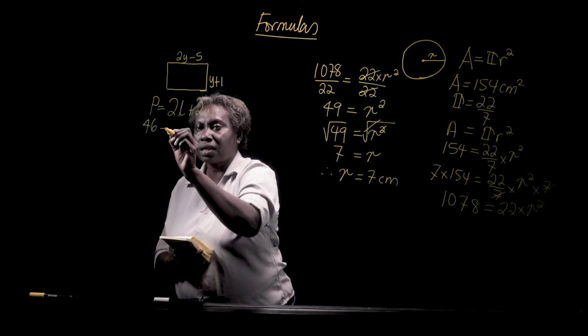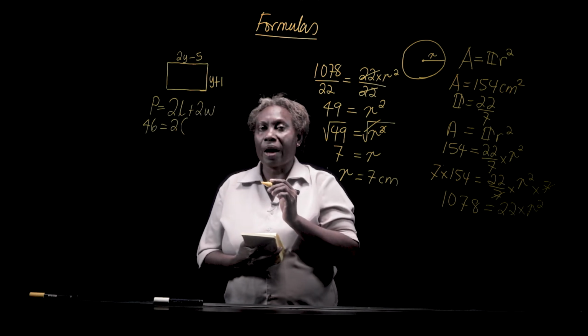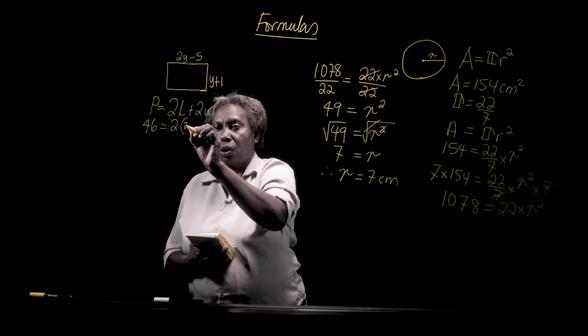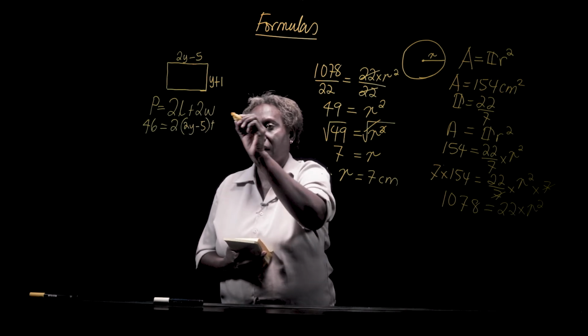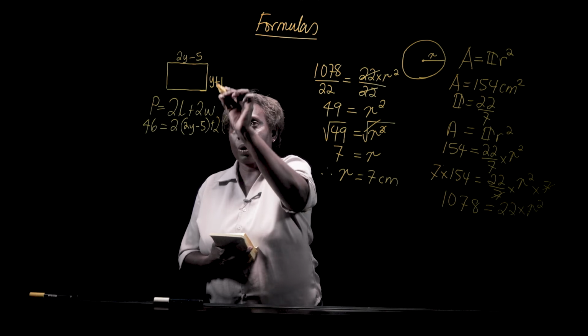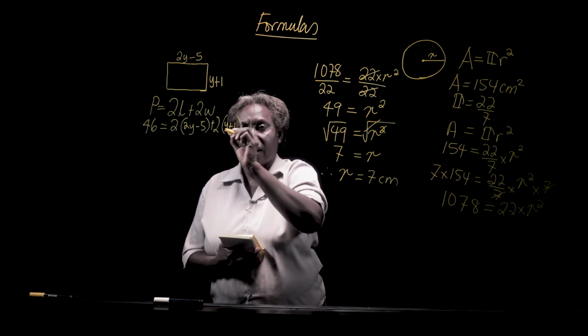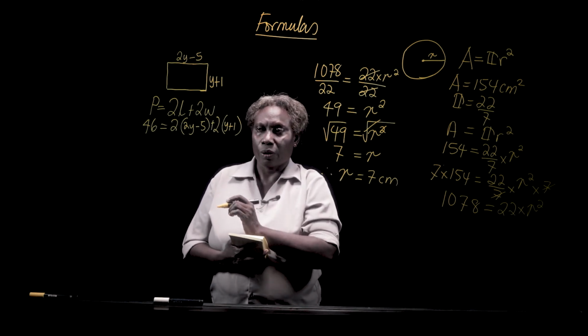So we have 46 equals 2 times our length, which is 2y minus 5. In place of L, I'm going to put 2y minus 5, plus 2 times our width, which is y plus 1. Then I expand to get rid of the grouping symbol.